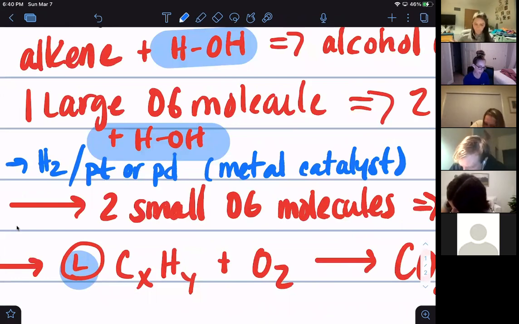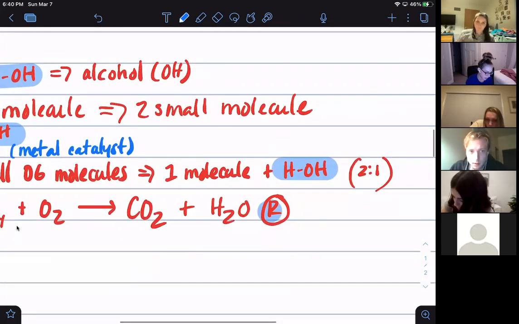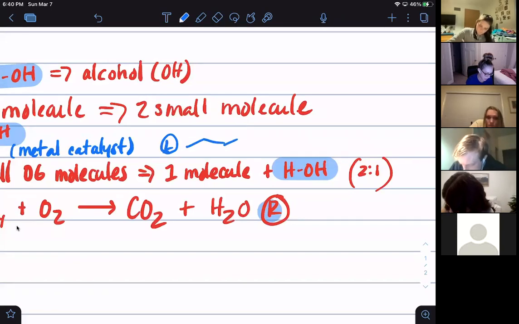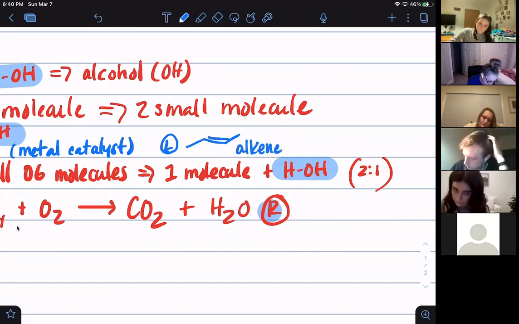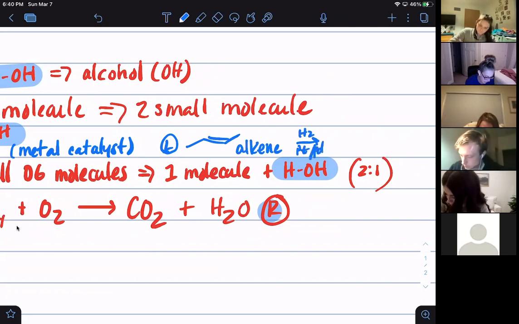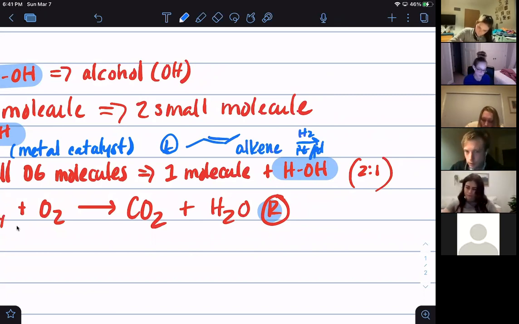So what do you think we're doing here? I'll tell you. On your left side, and I'll zoom out in just a minute, you're always going to have an alkene. And then you're going to see this. I'm going to put a slash, but it's either going to say H2/Pt or H2/Pd, okay? So hydrogen gas and palladium or platinum. Either way, all right, but not together, just so you know.